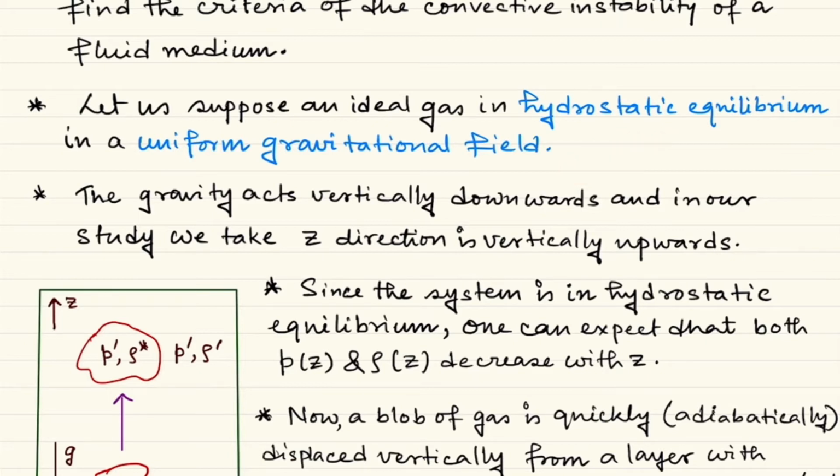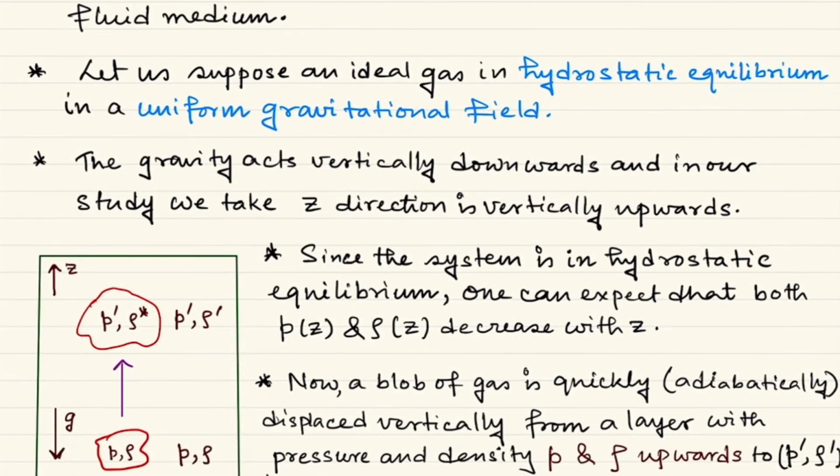Now the gravity acts vertically downwards for our case. We are just now defining the system. So gravity is acting downward, and z is taken upward vertically. So gravity will be acting along the minus z direction.